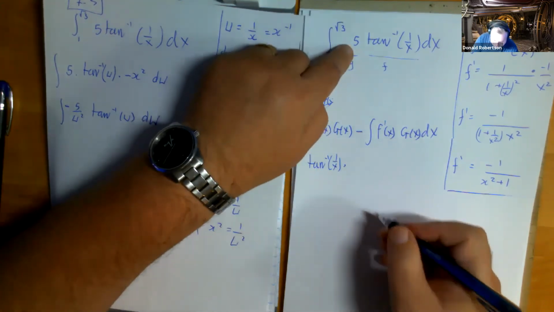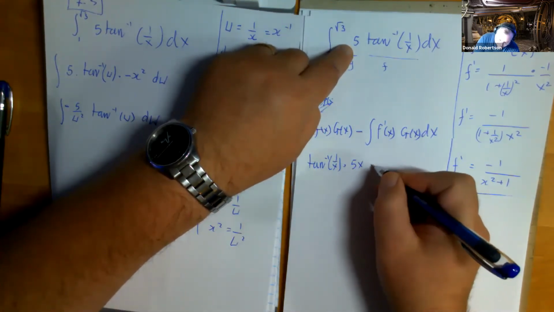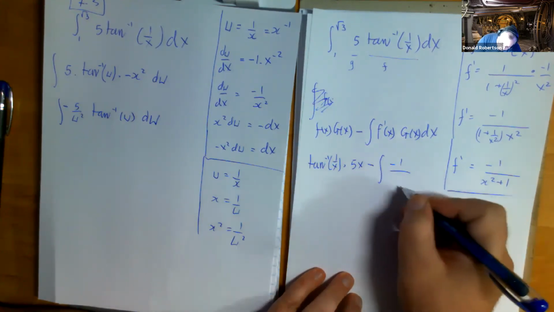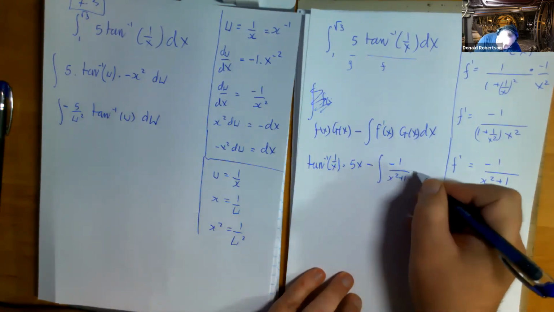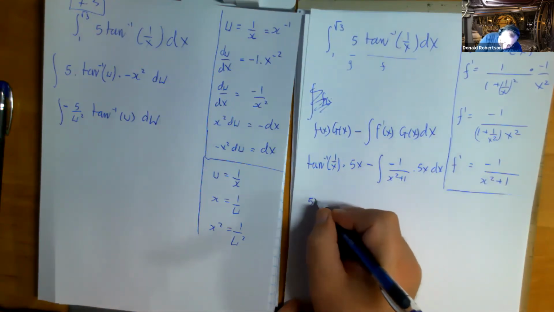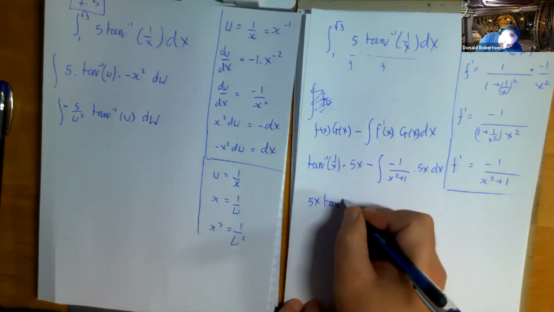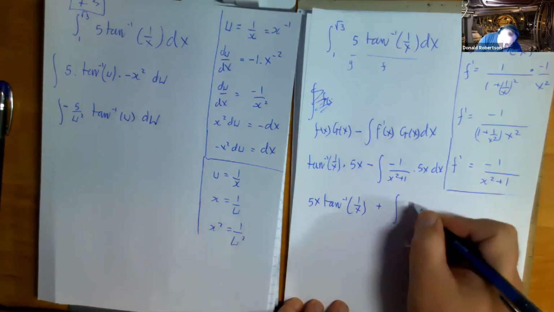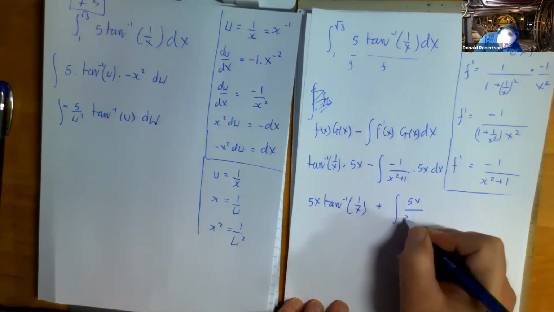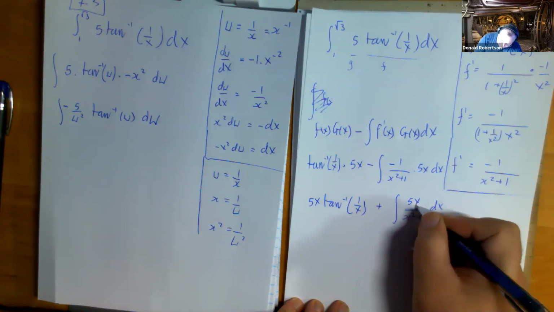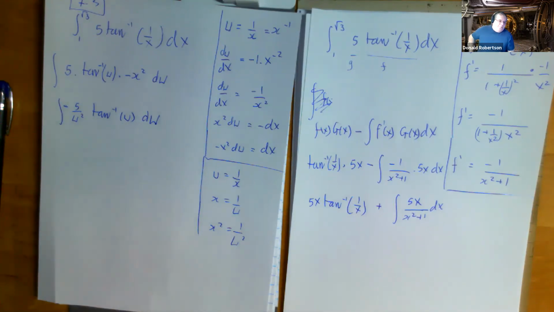G of x is the integral of 5, so that's just 5x. The derivative ends up being that guy, and G of x ends up being this guy. So what we have is 5x, the inverse tan of 1 over x, plus the integral of 5x over x squared plus 1 dx. And I am really happy now.